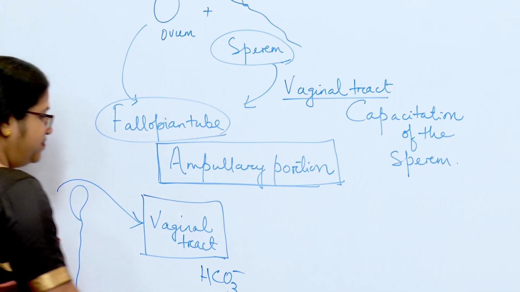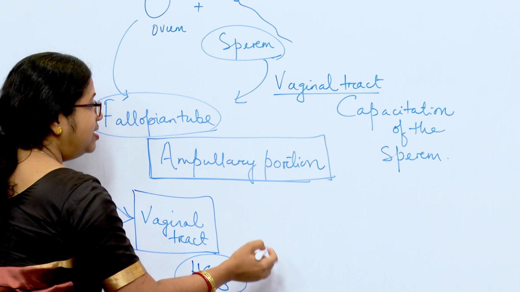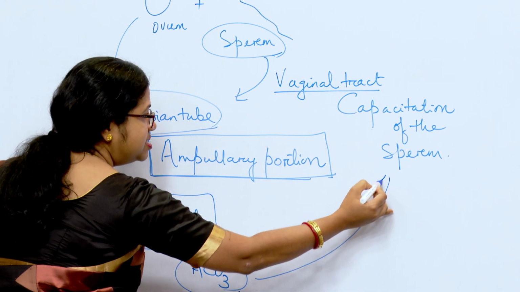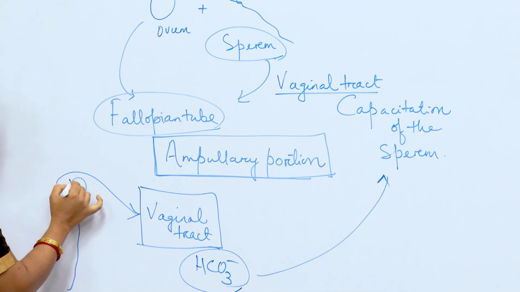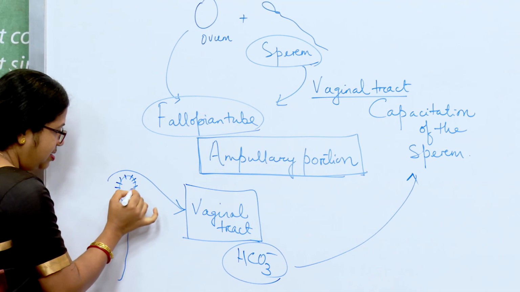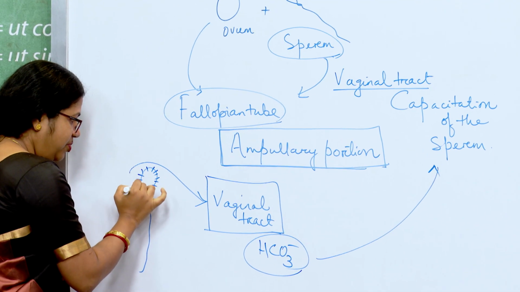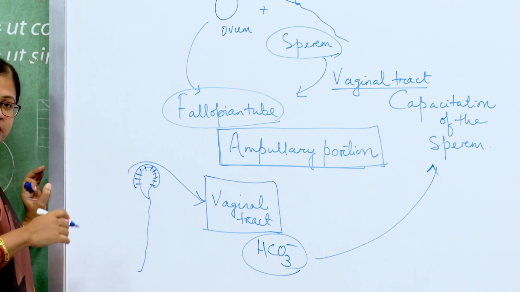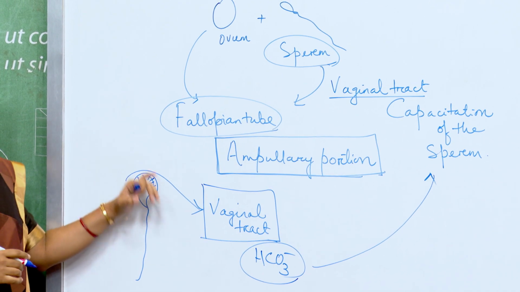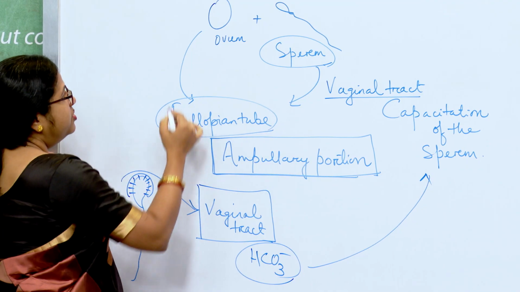These will stimulate the capacitation procedure by removing certain proteins that are attached. There are many proteins and carbohydrate moieties that block sperm entry into the ovum.